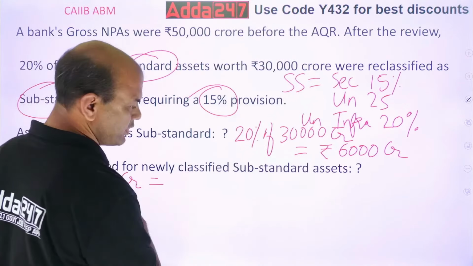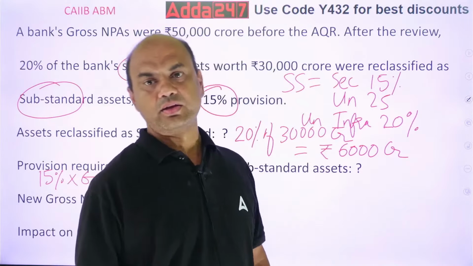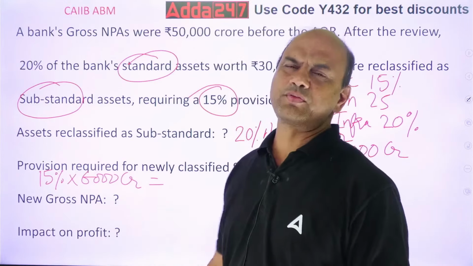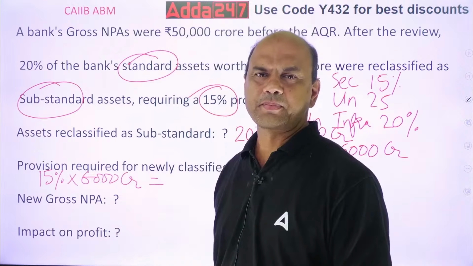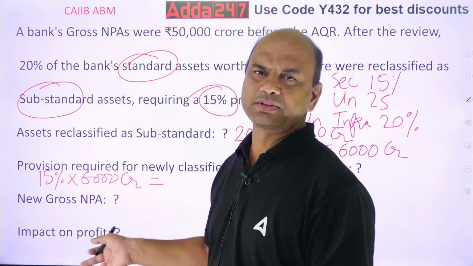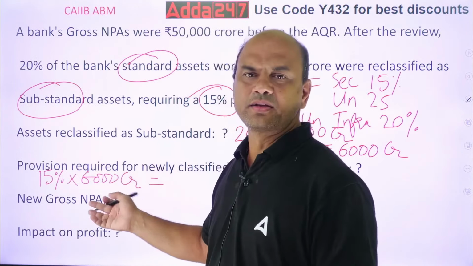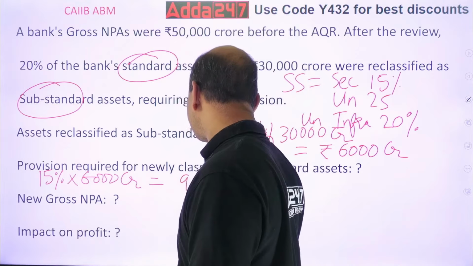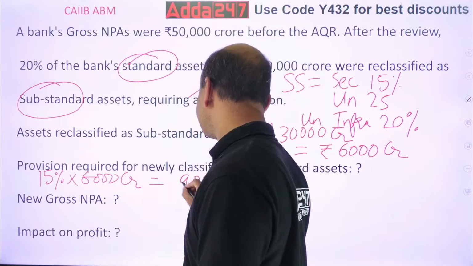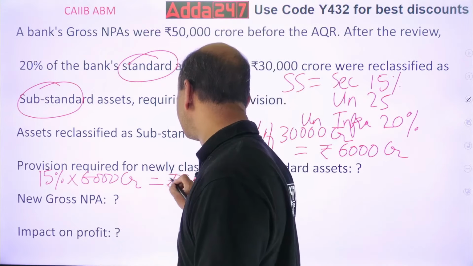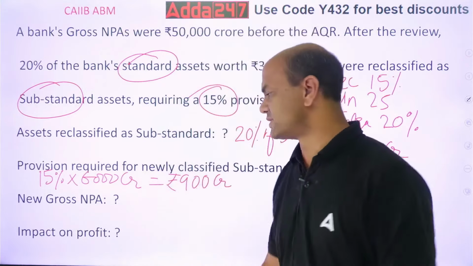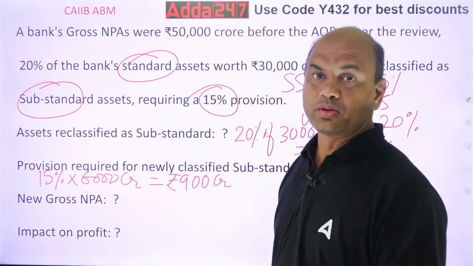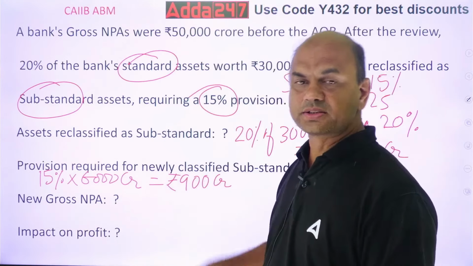So 15 times 6 is 90, so it will be something like 900, because 10% is 600. So 900 crores. This much is the new provision required for the new assets.